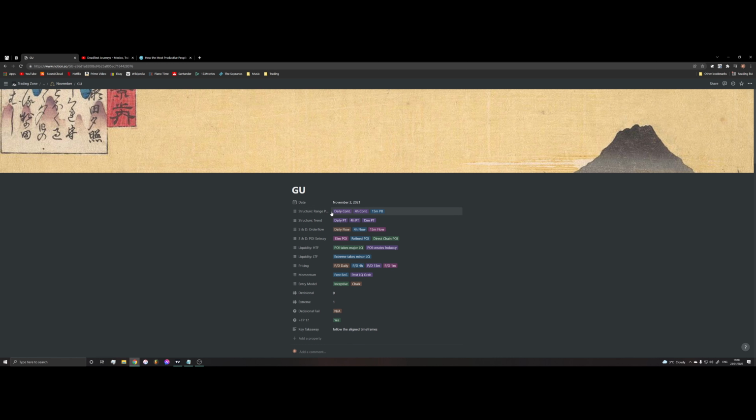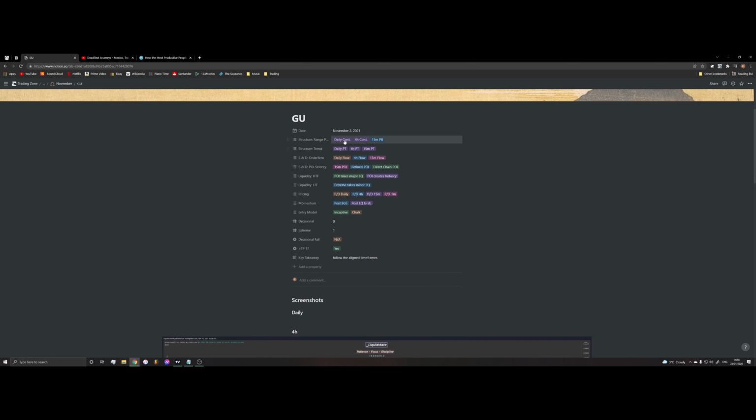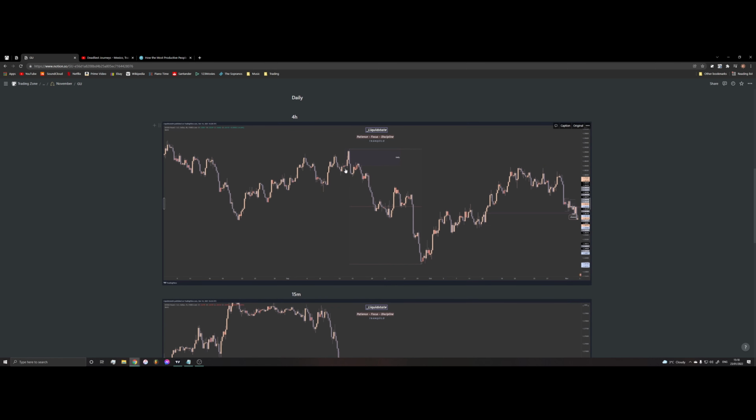So the range phase for this particular trade was daily continuation. I haven't actually got a daily screenshot for this because it's a little bit older, but we're continuing this bearish leg because we've changed order flow.